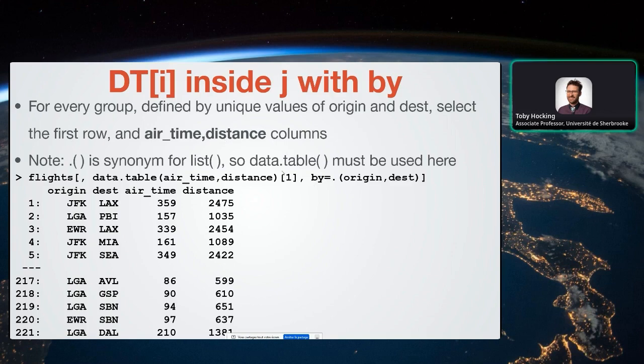So here for the flights data.table, we use the square brackets, and again we use the comma to say that we're not going to use anything in the i to subset. Second argument: .SD[, .(air_time, distance)][1]. So here we're selecting the first row of the subset for each unique combination of origin and dest. So for every unique combination, we're going to select the first row in these two columns.